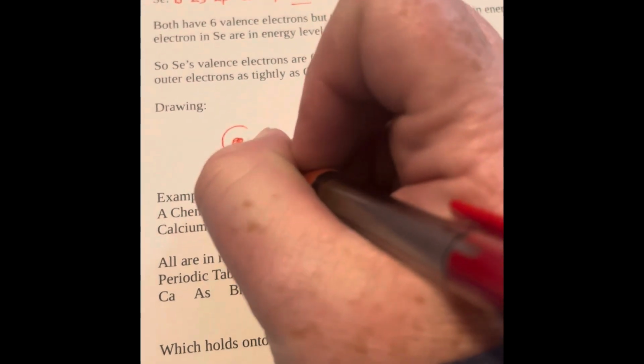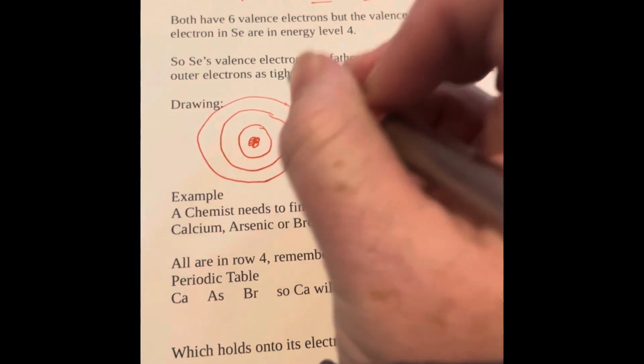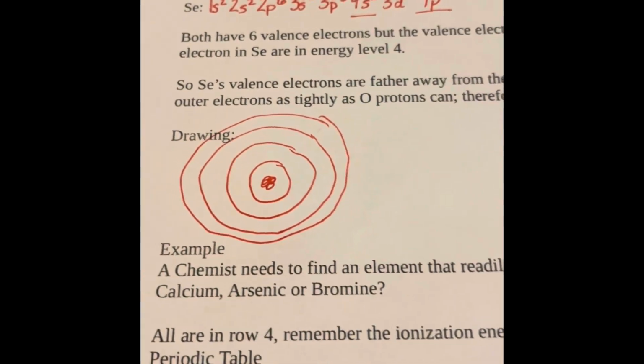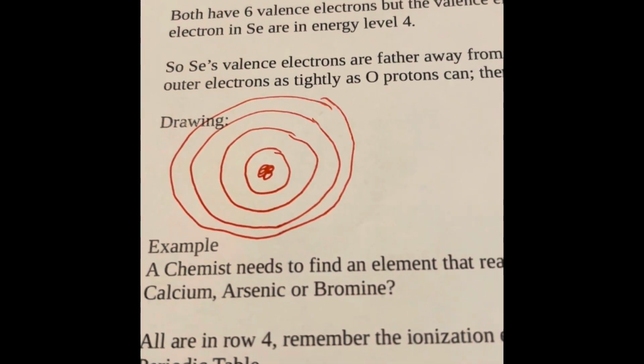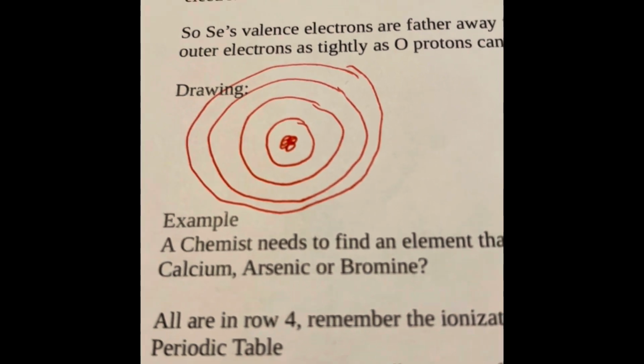Okay, so this is important. So you've got your protons and you've got your neutrons. And then you have your electron clouds, your electrons orbiting around, in various energy levels. Okay? So basically, the valence electrons in selenium are further away than oxygen.